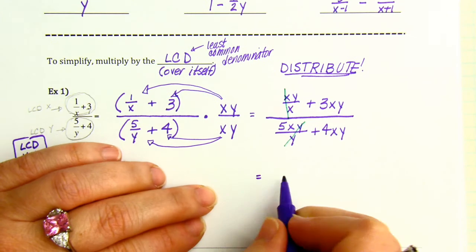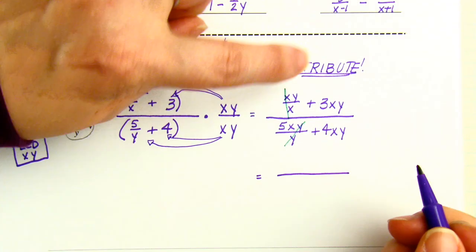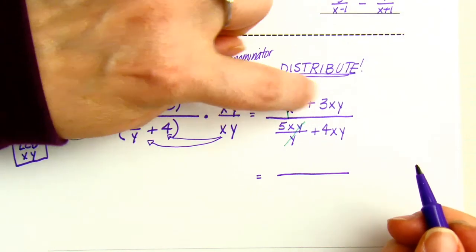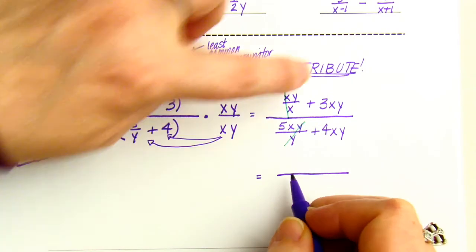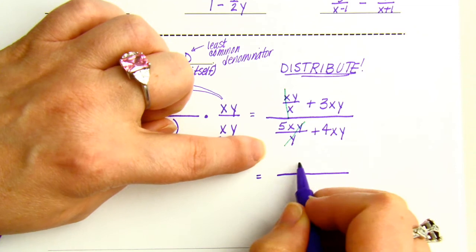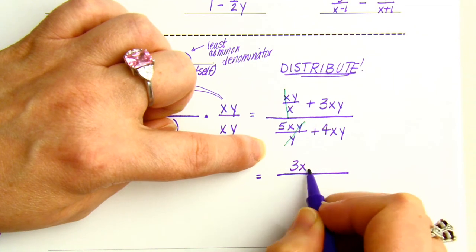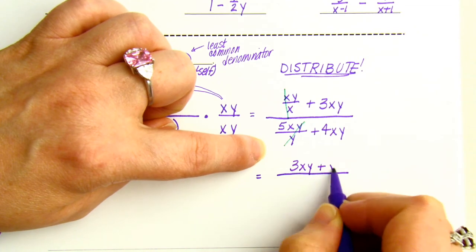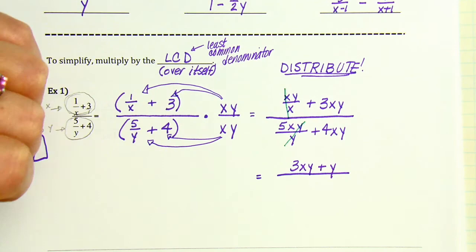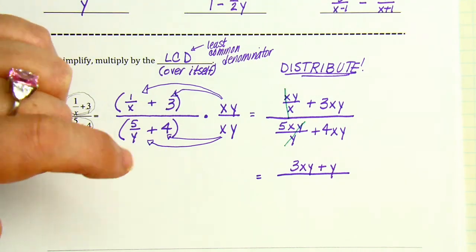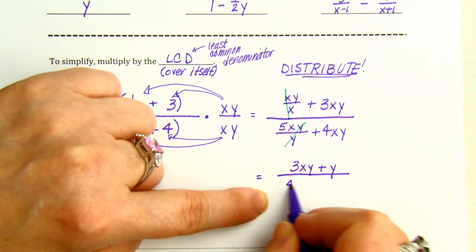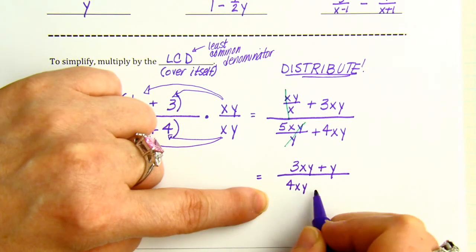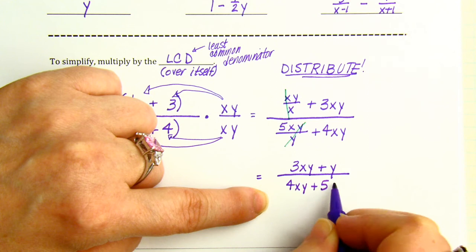Equals y plus 3xy, or 3xy plus y. I like to write it that way because I like the x terms first. And then this here would be 4xy plus 5x, or 5x plus 4xy.